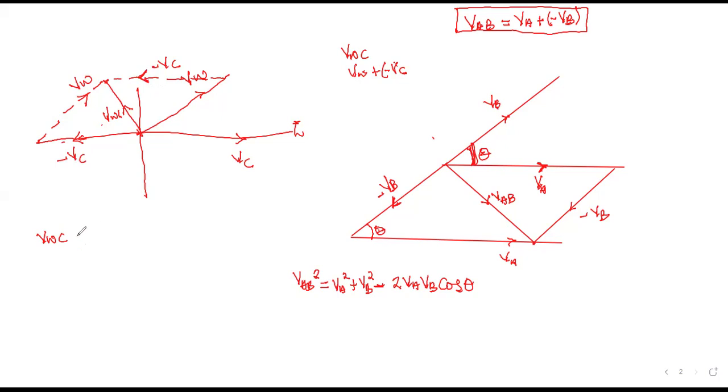So VWC squared is equal to, don't forget this is a square of it, so the cosine rule: V of the wind squared plus V of C squared, negative, but when you square it will be positive, minus 2 VW VC cos of this angle between, this is 45.